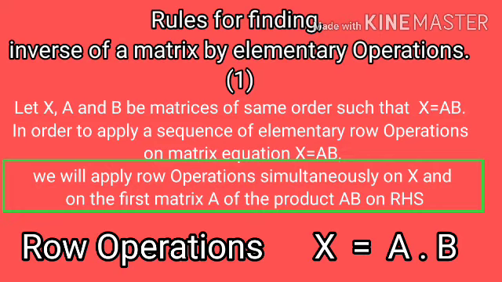Since on left side there is a single matrix X, so there is no problem, we will apply row operation on X. But in right side there are two matrices A into B, so in the case of row operation we will apply only on the first matrix, that is A, not on B. Is that clear?